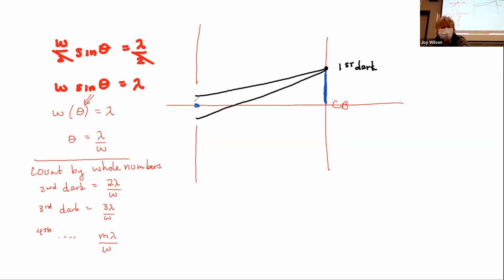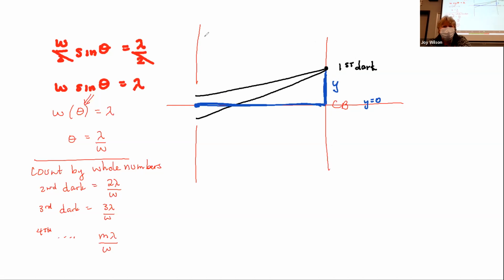If I'm working with the screen, I usually mark where y equals 0 as the center of the slit. And then these would be positive y's, and these down here would be negative y's, just like regular math.